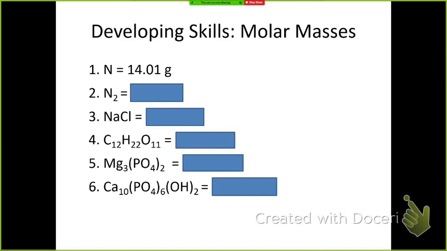If I have a mole of nitrogen molecules and each molecule has 2 atoms in it, I'm going to just double that amount because I'm going to have twice as many nitrogen atoms. Sodium chloride. We've got 1 atom of sodium and 1 atom of chlorine. And so we're just going to add those 2 numbers together.